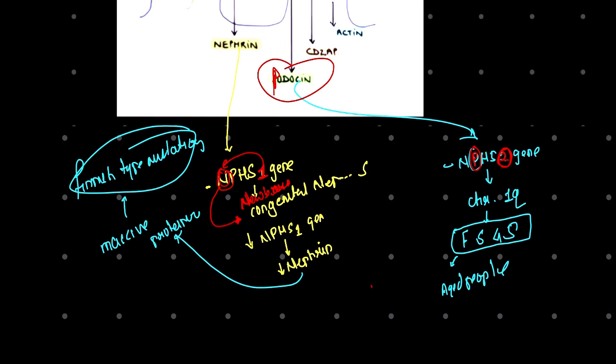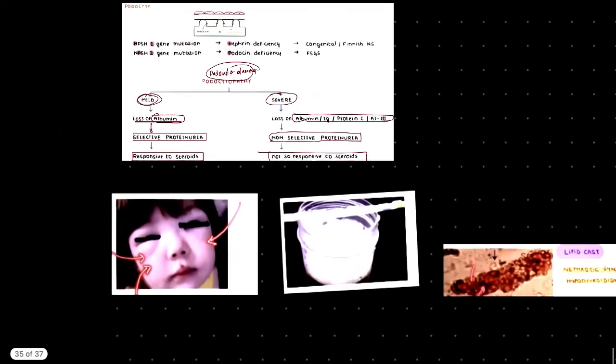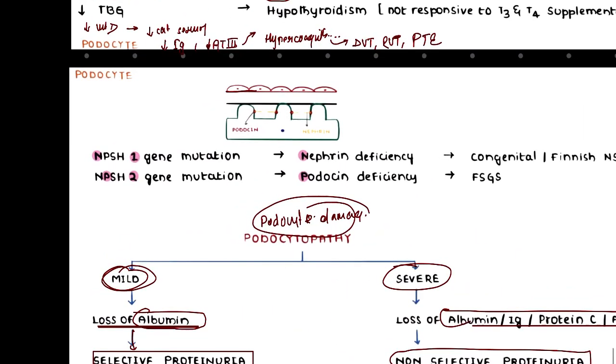Now let us go toward the diagram. Here it is mentioned, as you can see, the podocyte consists of nephrin and podocin. The NPHS1 gene is associated with nephrin.